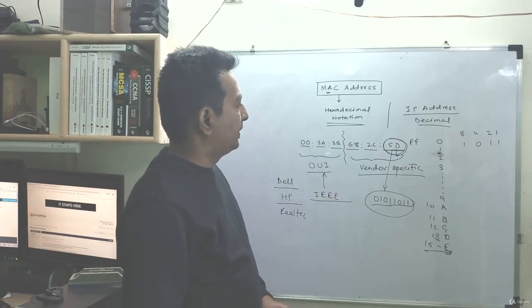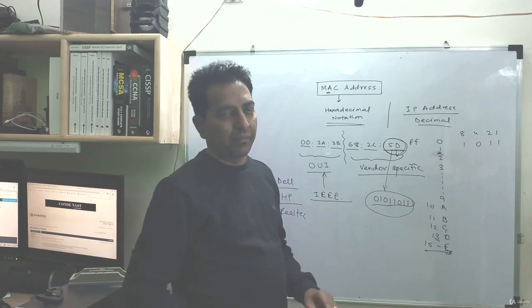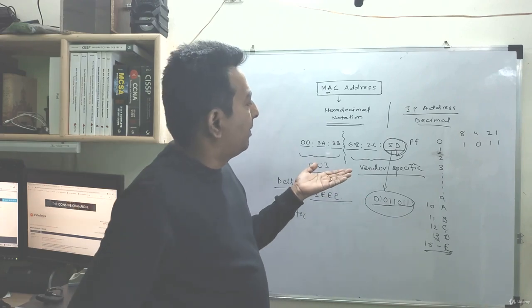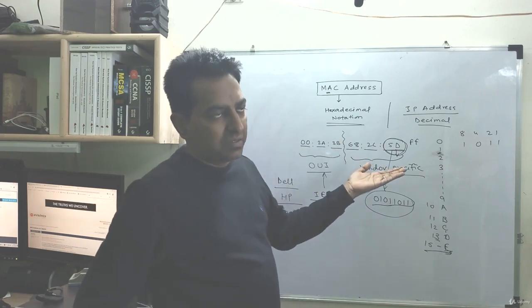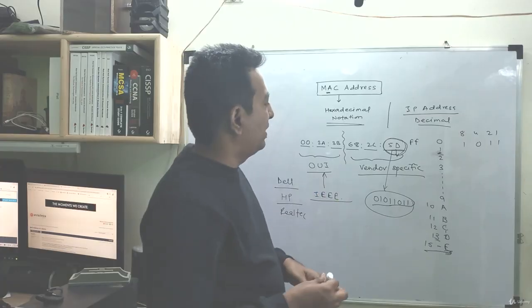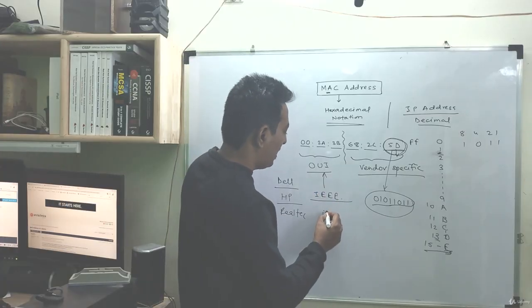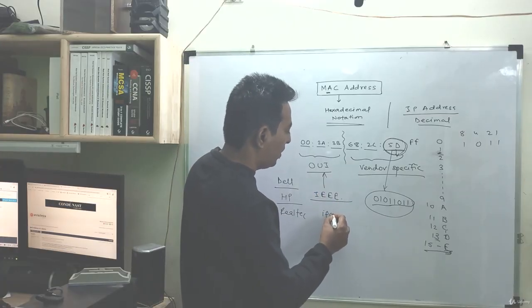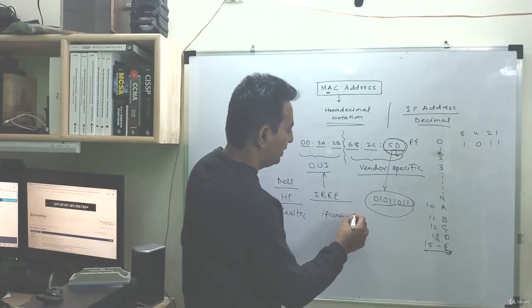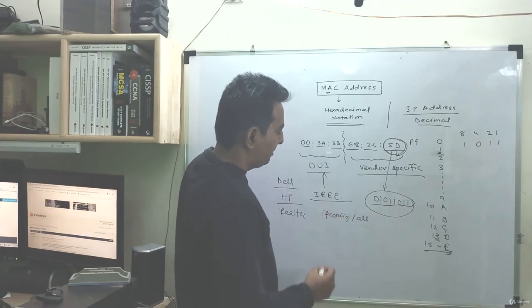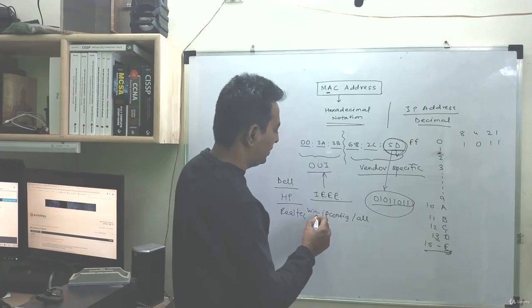So that was all about the MAC address, my friends. And if you want to see the MAC address on a Windows system, you can use the command ipconfig /all. This is for Windows computers.